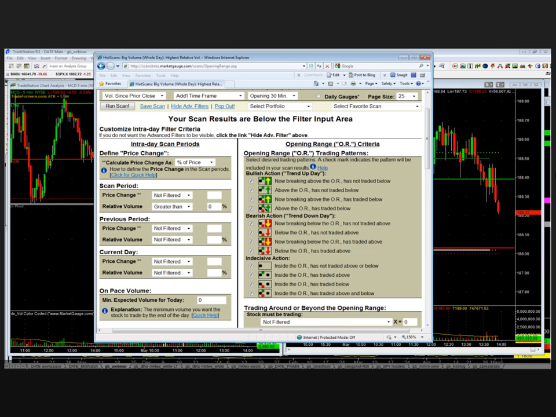If you have a red dot, it means at some point you've traded below the opening range. If you have a green arrow, it means you're currently over the opening range. If you have a red arrow, it means you're currently under the opening range. If you have a yellow arrow, the direction will mean either above or below the opening range, but the yellow arrow indicates that you have broken the opening range in the last 10 minutes, or sorry, in your scan period.